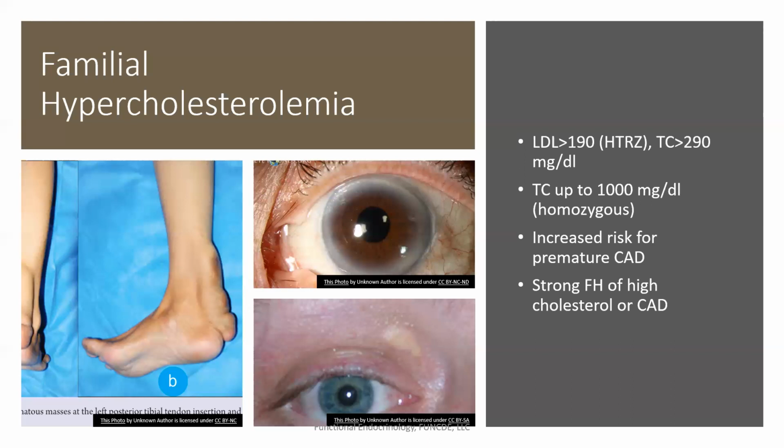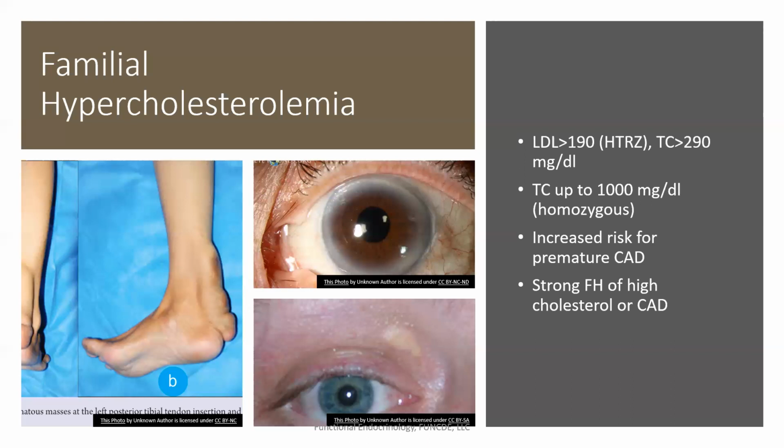There still will be increased risk for coronary artery disease and strong family history of cholesterol, but people with heterozygous mutation usually wouldn't have this pronounced deposit of cholesterol in ligaments. They still can have deposit of cholesterol in the eye.